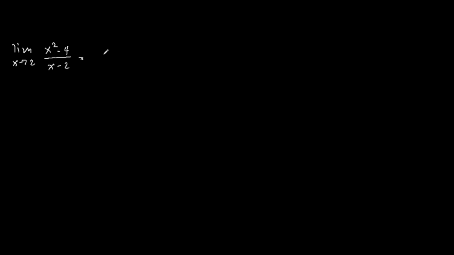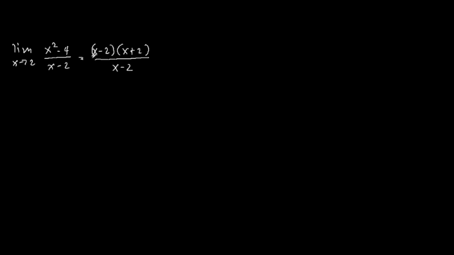So x squared minus 4 is a difference of squares, equivalent to x minus 2 times x plus 2, divided by the denominator x minus 2. We have similar terms in the numerator and denominator, x minus 2.